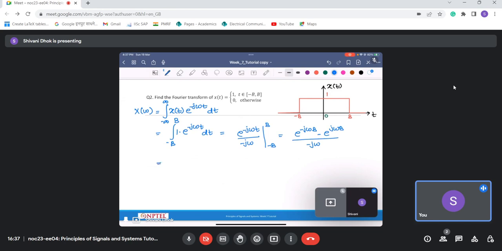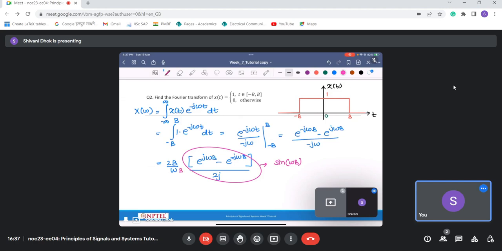So I can write this as 2b upon omega bracket, e^(j omega b) minus e^(-j omega b) whole divided by 2j, and this factor is simply sine of omega b, and here again we are having a factor of b here.